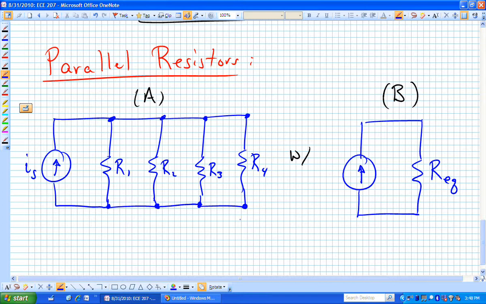Which leads us to my earlier question. What are we interested in? Yes, if we had the voltage, we would be done. And how many voltages are there in that circuit? There's really only one that's unique. Correct?